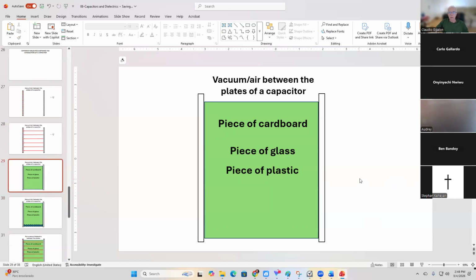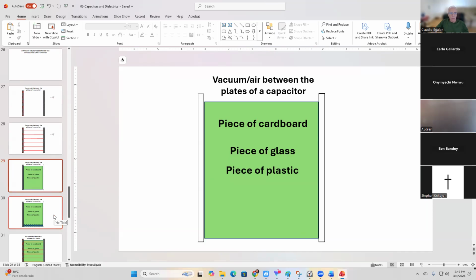Can be wood too, right? That we insert in there. Okay, when we do that, something interesting happens inside this dielectric material that we inserted between the plates.